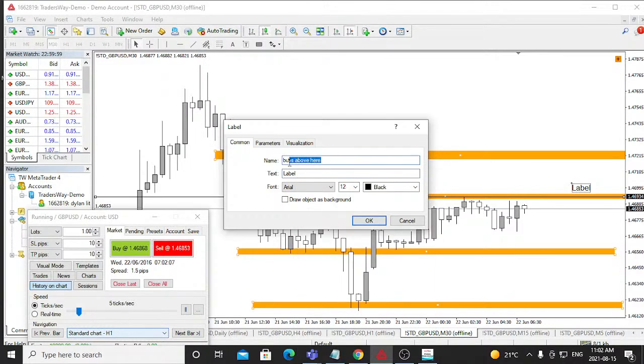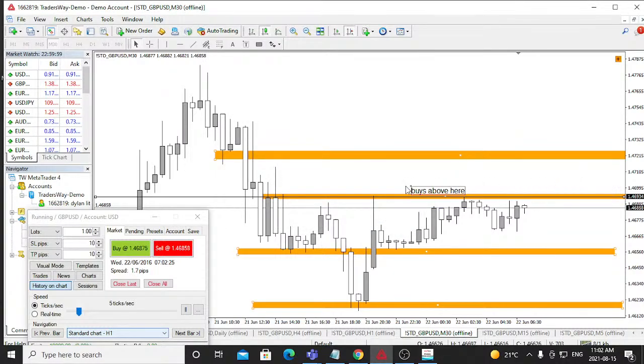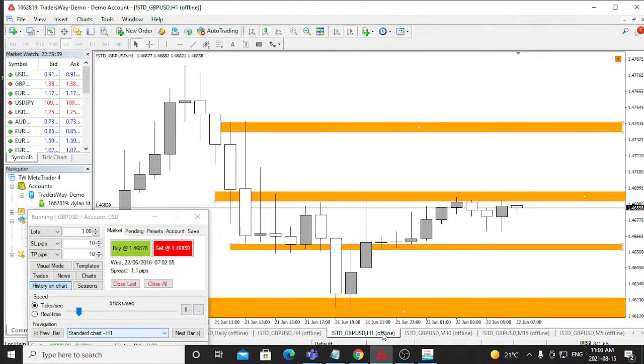Sorry. So we've got buys above here, we've got our take profit. I'm pretty sure price is going to go with momentum. We are really going to see what's going to happen.